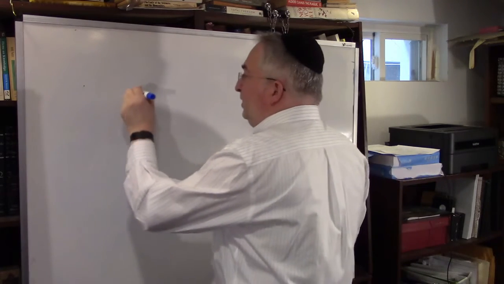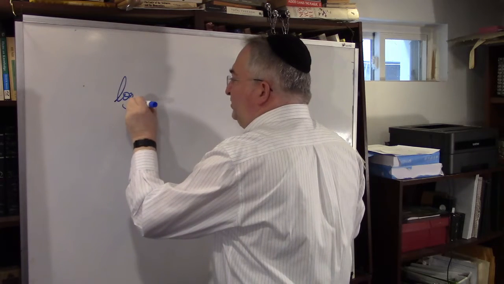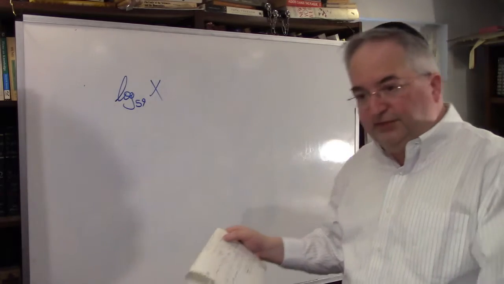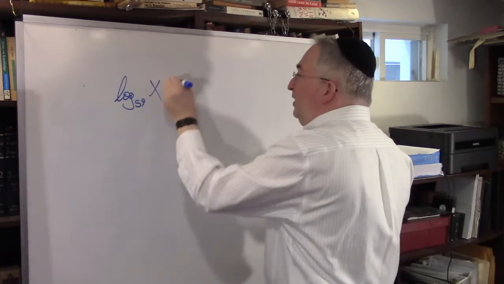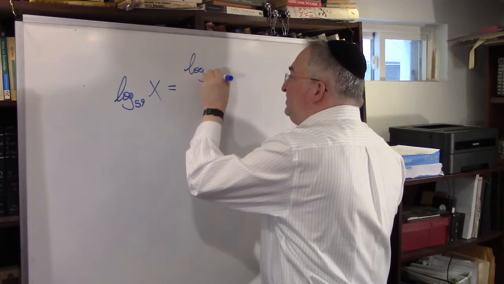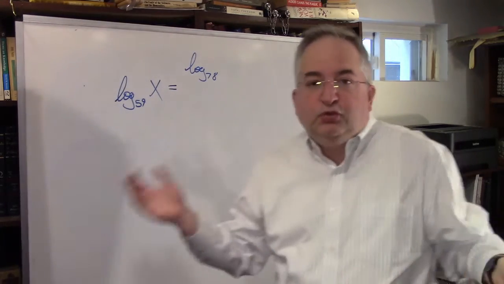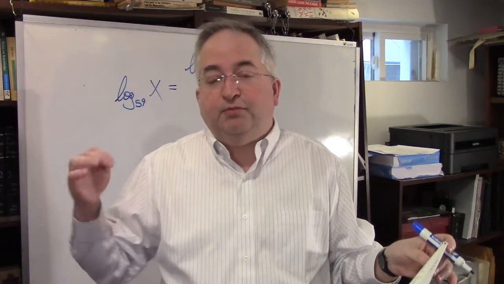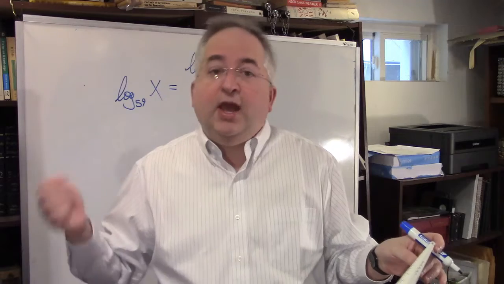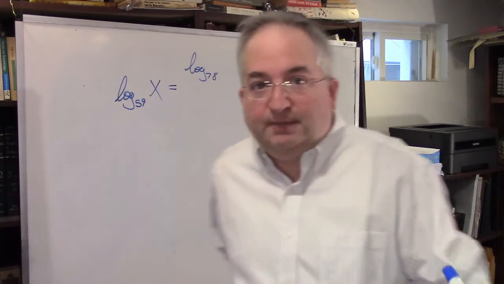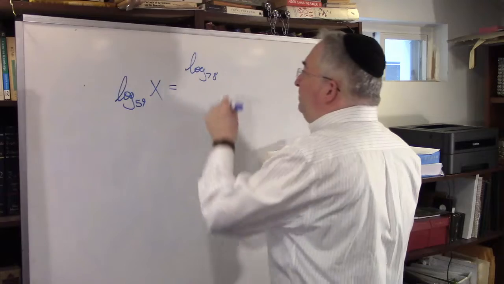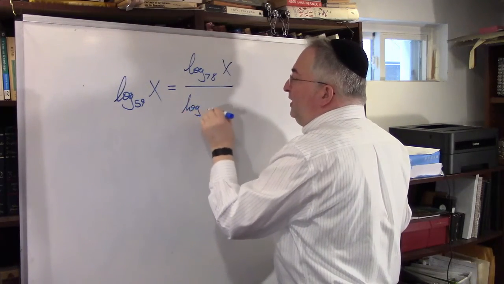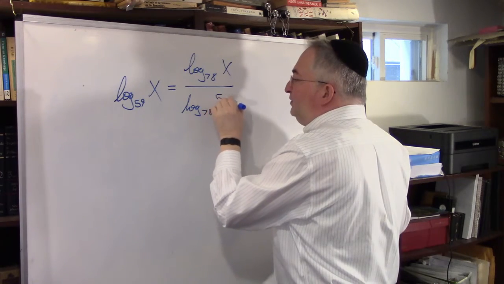Let's say I want to know log base 59 of x. I don't have a calculator that does log base 59. Let's say you have a calculator that does log base 78. Again, I'm using two crazy numbers. Your calculator probably has log base 10 and log base e, because that's used a lot by engineers. So this becomes log base 78 of x divided by log base 78 of 59.